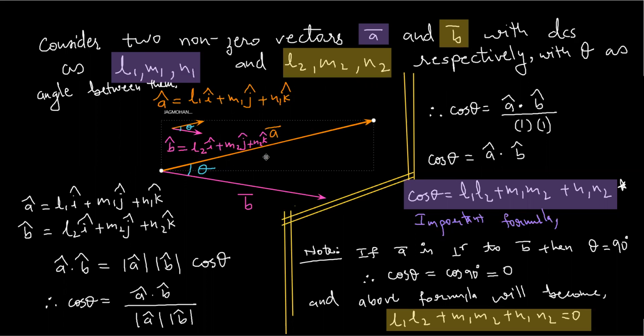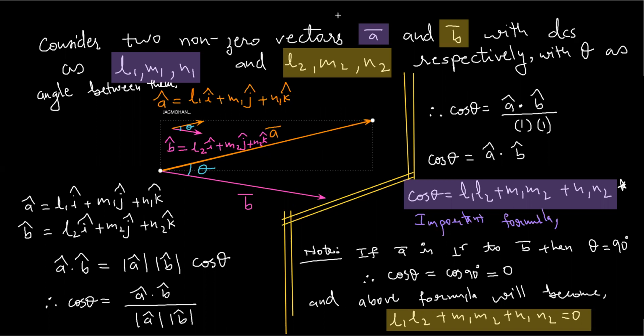So when will this A cap become A bar? Suppose the number I multiply is 8.